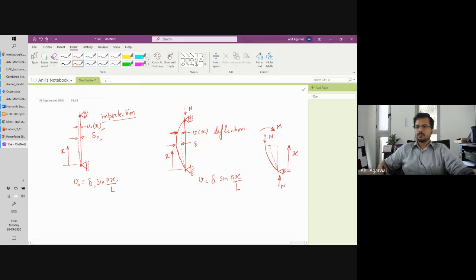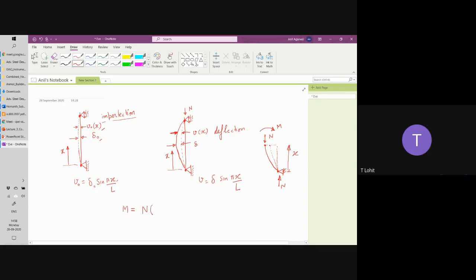Okay. Now, if I draw the free body diagram of this part, there is no moment here at the bottom, but there is a moment here at this point. For this part, if I want to write the moment equilibrium equation, M is the internal moment, and the external moment is how much?